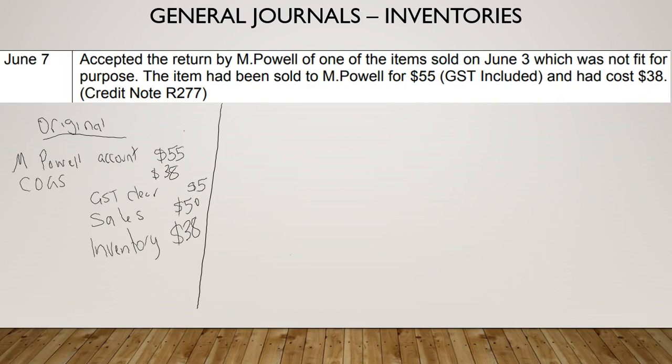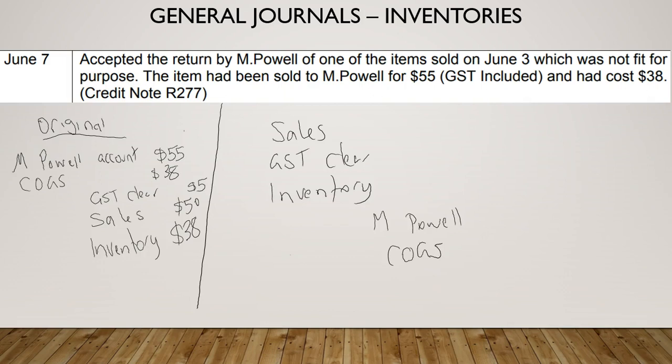Okay, so that's what originally happened. And all we're going to do to reverse it is literally flip it on its head. So all the debits are going to become credits and all the credits are going to become debits. So we can go sales, GST clearing, inventory. Order's not important, just put your debits first. M. Powell, COGS. Okay, and everything flips.